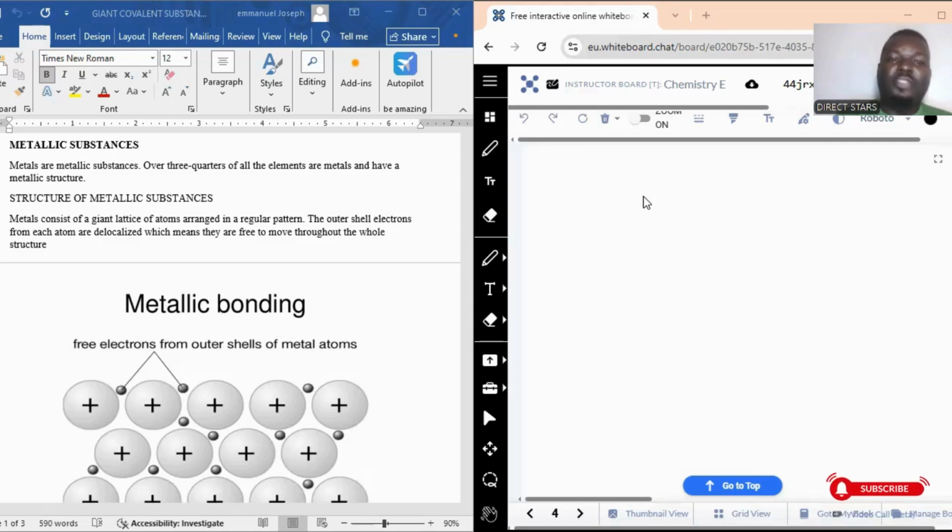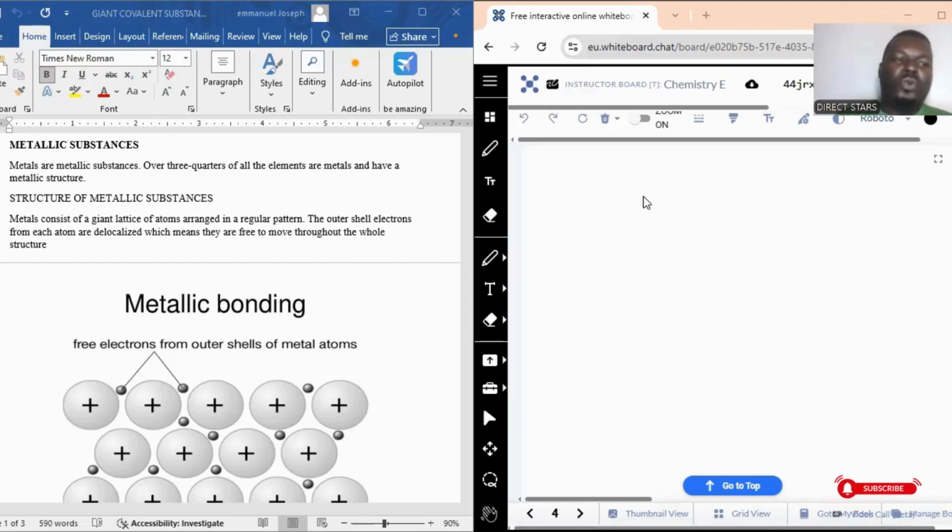Generally, metals are substances that ionize by losing electrons. So it means electrons are embedded in metals. Over 3/4 of all the elements on the periodic table are metallic.